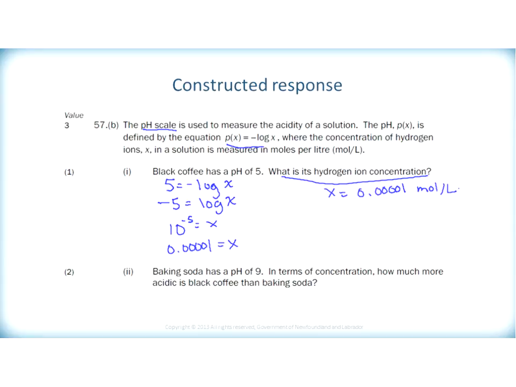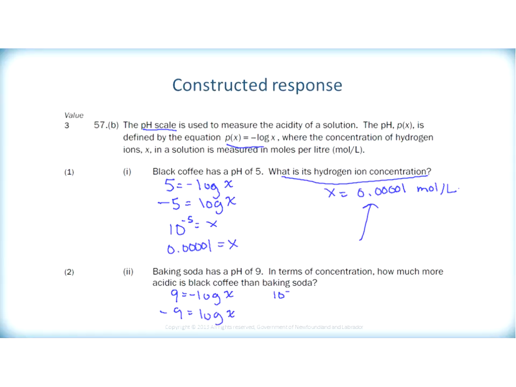Baking soda then has a pH of 9. In terms of concentration, how much more acidic is black coffee than baking soda? And we already have black coffee. It's 10 to the negative 5. Baking soda would be 9 equals negative log x. Negative 9 equals log x. Same procedure.